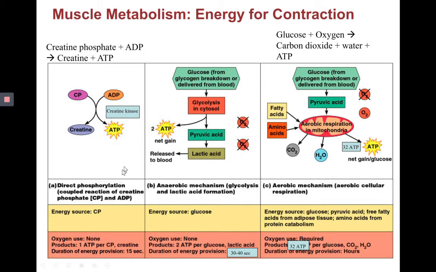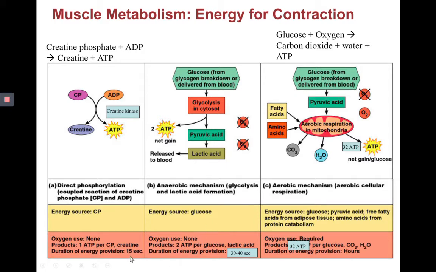Now, creatine phosphate and glucose are great because they can be utilized to create ATP, but direct phosphorylation only creates 1 ATP per creatine phosphate, whereas per glucose breakdown during the anaerobic mechanism, we get 2 ATP per glucose.